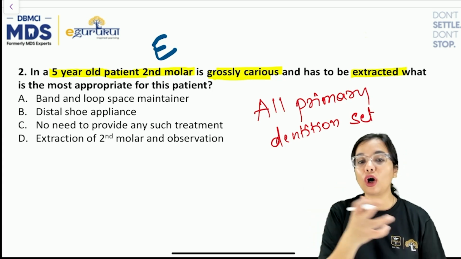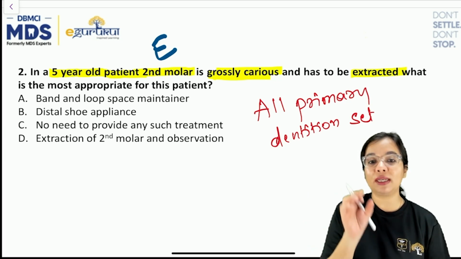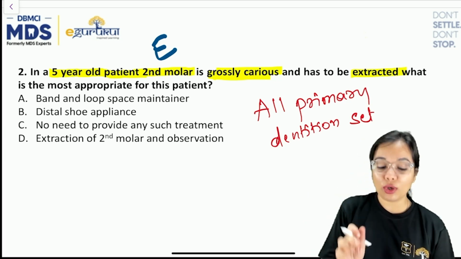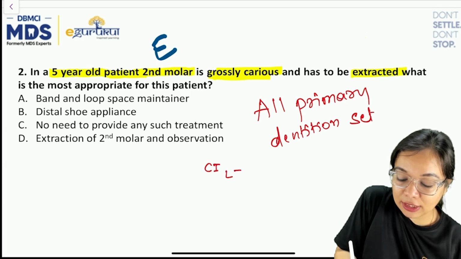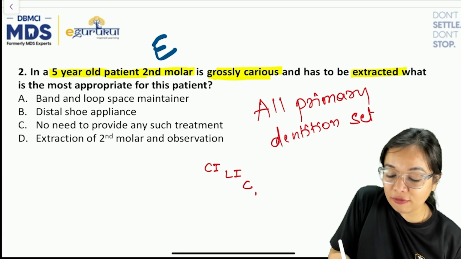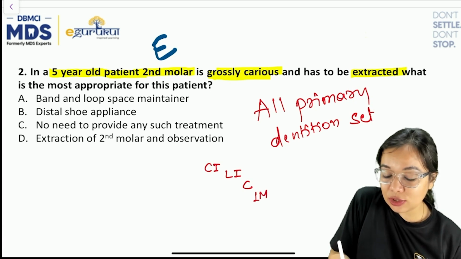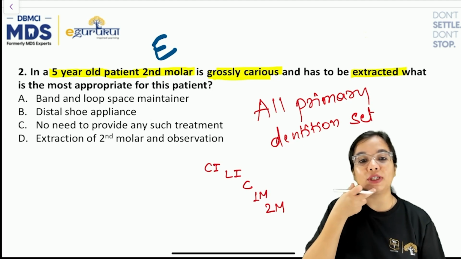So when we say all primary teeth, that means in one quadrant, what all teeth will be there? There will be a central incisor, a lateral incisor, a canine, a first molar, and then a second molar. So these teeth will be present in a particular arch.